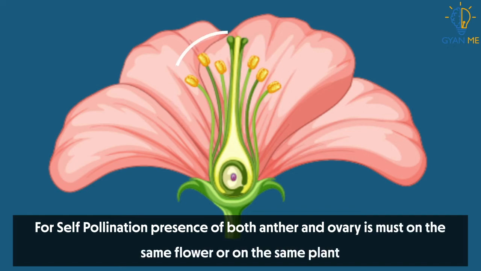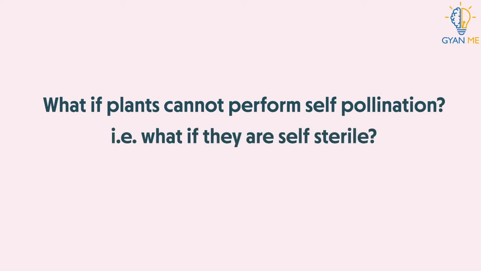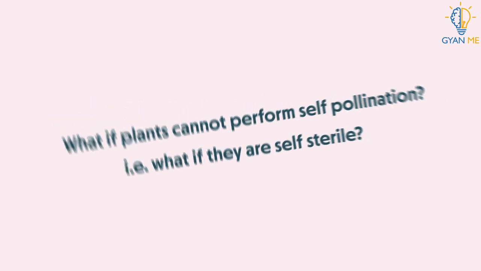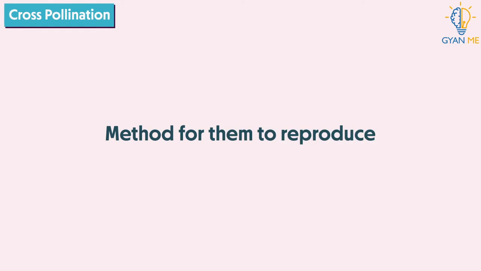And so plant should be bisexual. Now the question is, what if plants cannot perform self-pollination? That is, what if they are self-sterile? In such cases, cross-pollination becomes compulsory method for them to reproduce. So let us see cross-pollination in detail now.